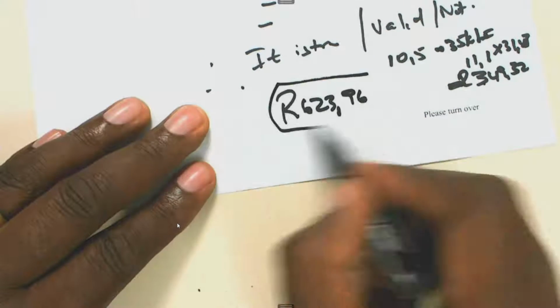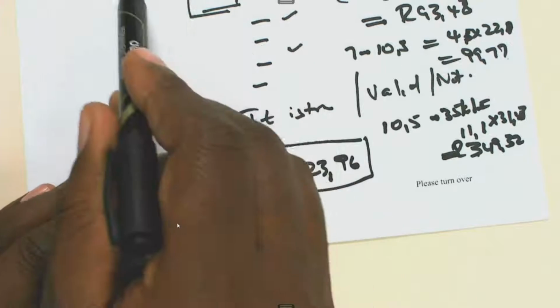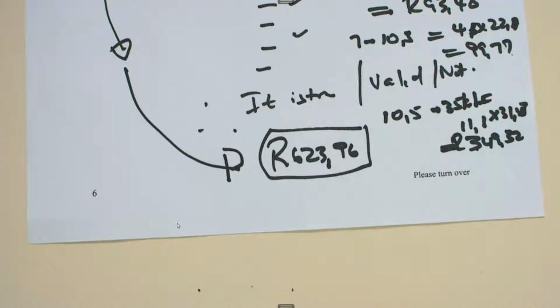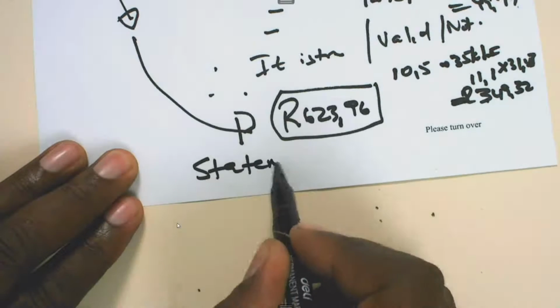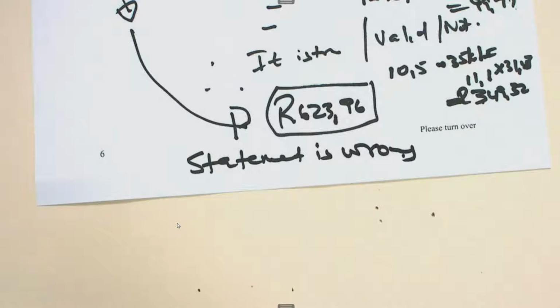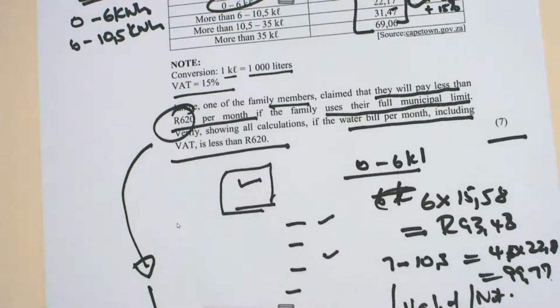And now, what did Janine say? Janine said they will pay 620. You will compare 620 with your 623. Are they the same? No, they are not the same. The statement is wrong. You get the point? Now you have verified that what Janine is saying is not true. They will be charged about 623.96, not 620 like she alluded to before.